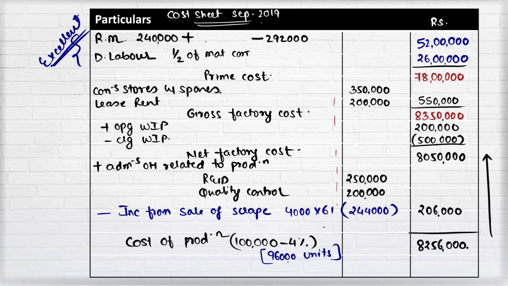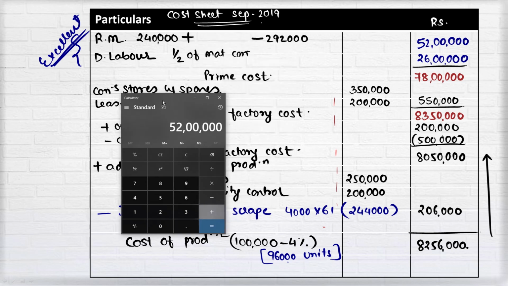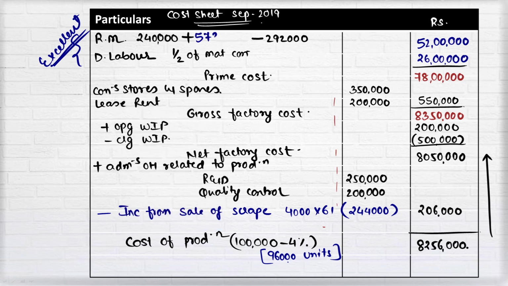If this is 52 lakhs, I can easily find out the raw material purchase. So 52 lakhs plus 2,92,000 minus 2,40,000 is 57,32,000, which is the raw material purchased.